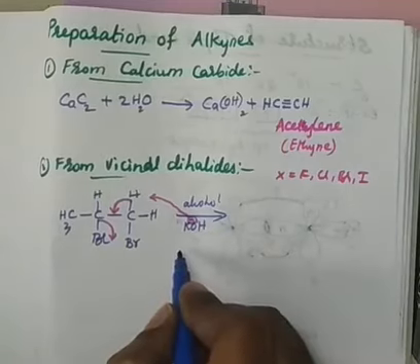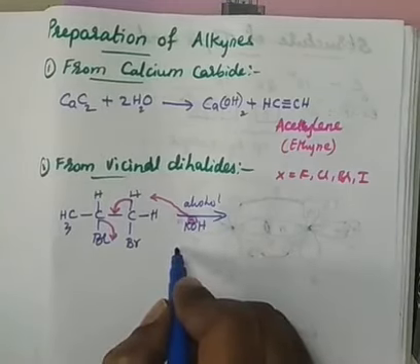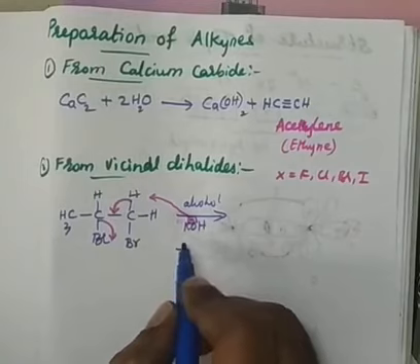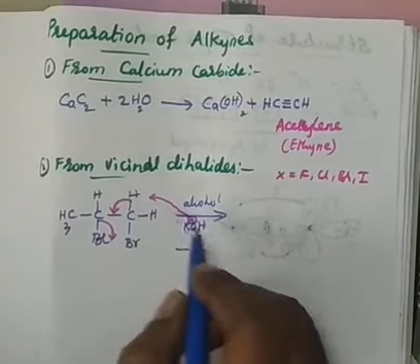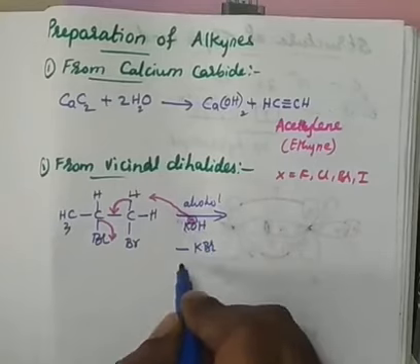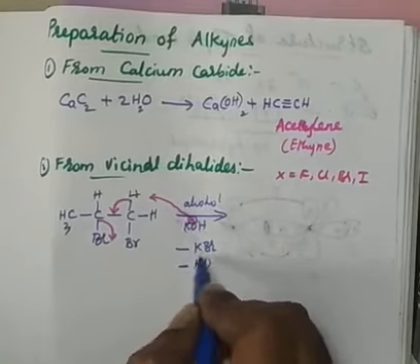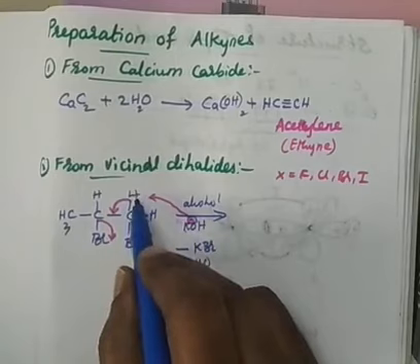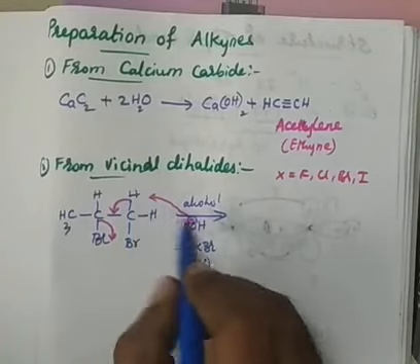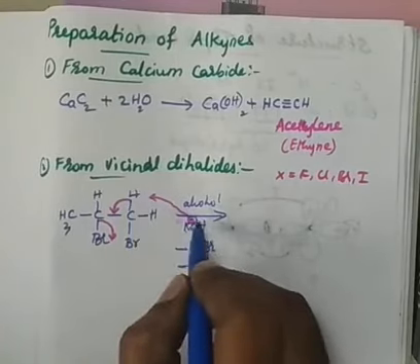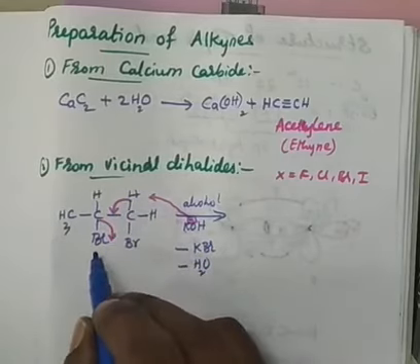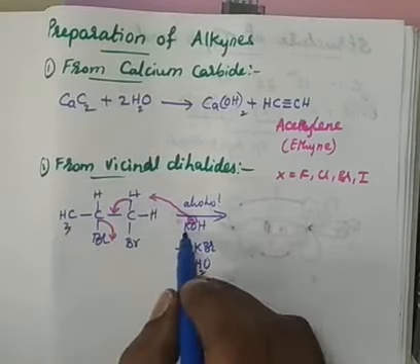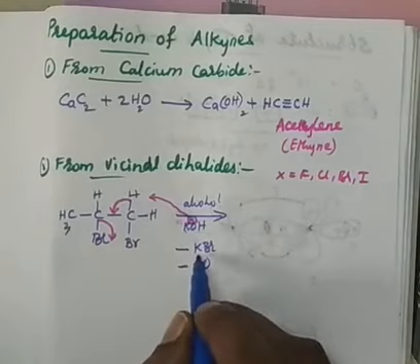So on the whole, what is eliminated? Actually KBr and water, because OH minus will abstract this H plus, therefore H2O forms, and this gives electrons to this, and Br minus is eliminated. So this Br minus will attack this K plus, therefore KBr will go off.